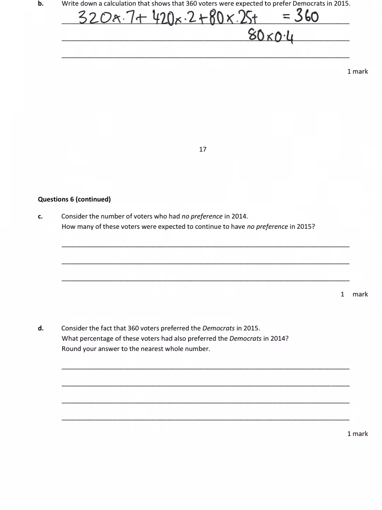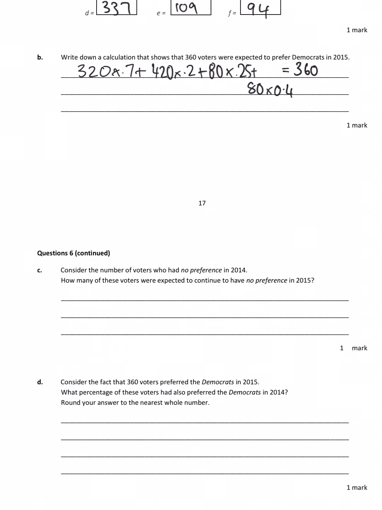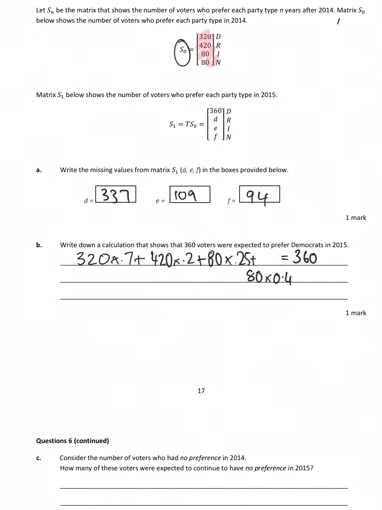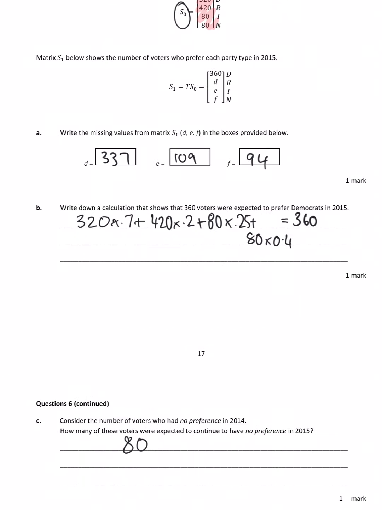Okay, question 6 continued. Consider the number of voters who had no preference in 2014. How many of those voters were expected to continue to have no preference in 2015? So if we look at the no preference in 2014, that was 80 people. How many of those were expected to continue to have no preference?